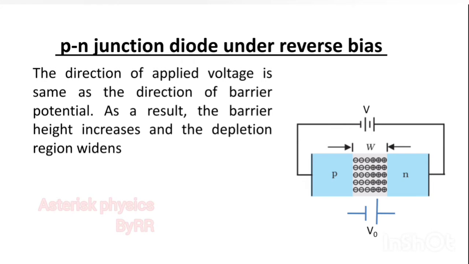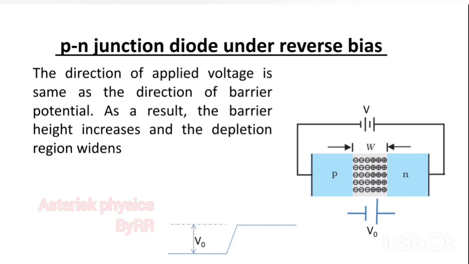So as a result, the barrier height increases and the depletion region widens. Here the two voltages are of the same polarity, that is, the polarities are in the same direction, so they get added up. So the effective potential across the diode will be V plus V0.